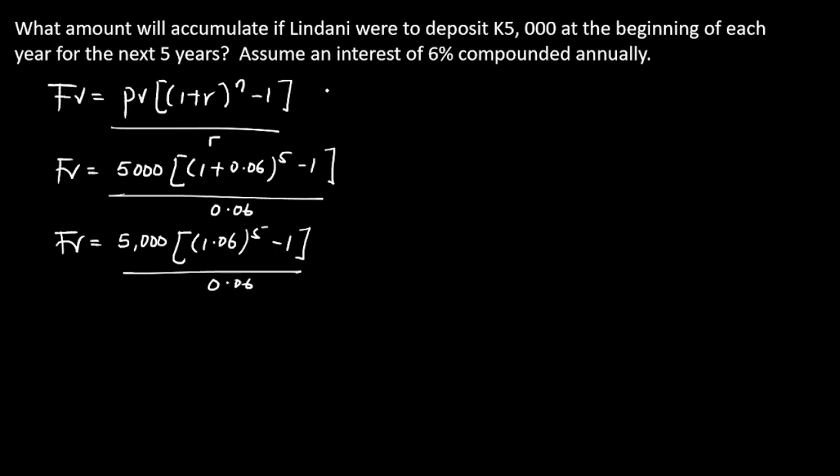Oh, sorry, we forgot the other part there, which is the multiplication by 1 plus R. So that will be 1 plus 0.06, meaning 1.06.